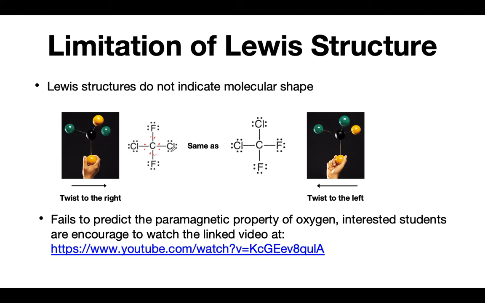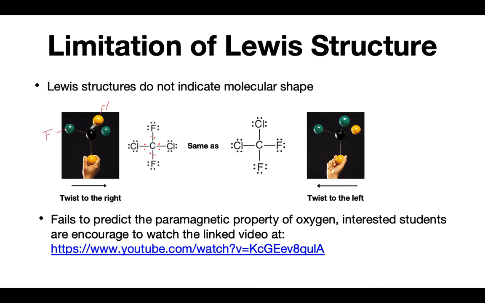But in this case, if you draw the Lewis structure, it indicates the 2 structures are different. Because in this case, the 2 chlorines are on opposite sides and the 2 fluorines are also on opposite sides. And in this case, the 2 chlorines are adjacent on the same side and the 2 fluorines are on the same side. According to the Lewis structures, they should be different. But as a matter of fact, they are the same. If you look at this model, the yellow will be chlorine and this will be fluorine.